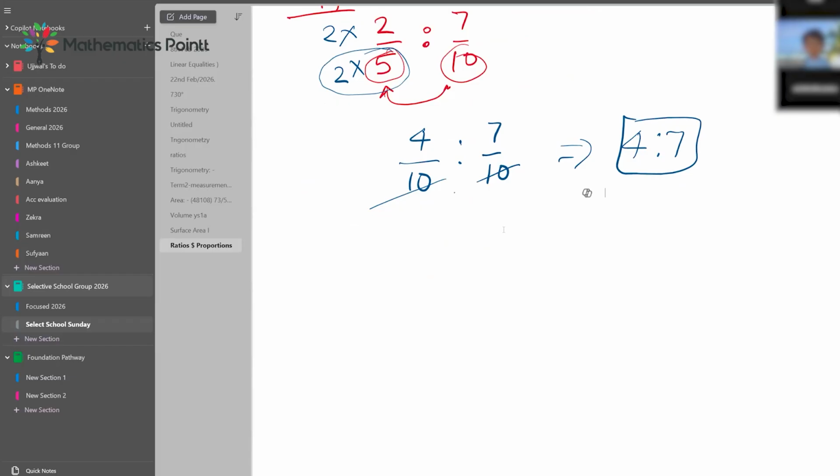With that thought in mind, if I may ask you to simplify this ratio, 5 over 6 ratio 5 over 8. Can you please simplify that?